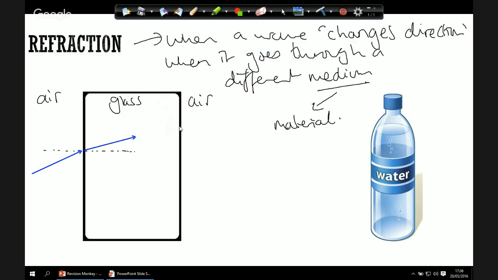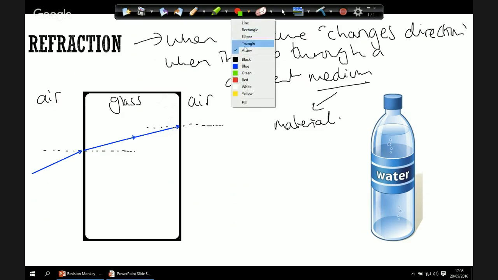Okay, and it will go in a straight line through it out there. And then it will come out to the other side. So we'll draw our normal on here to help us. Make sure that's straight in your exam when you do it. And then it will come out of the other side, and it comes out at the same angle that it goes in at. So I'll approximately do it about there.